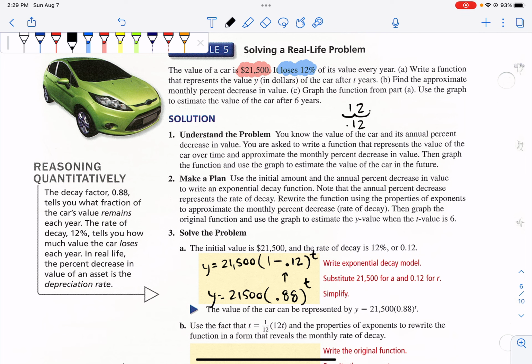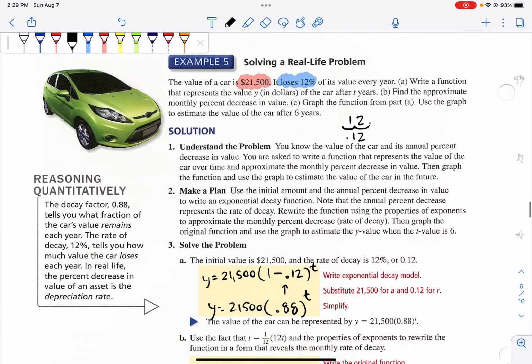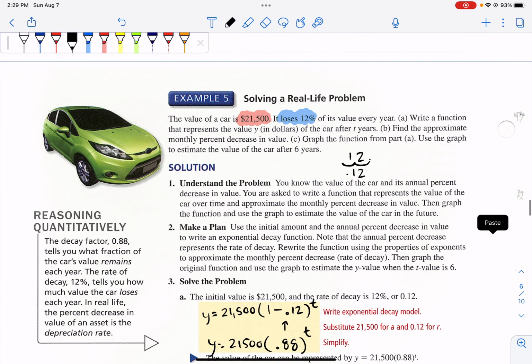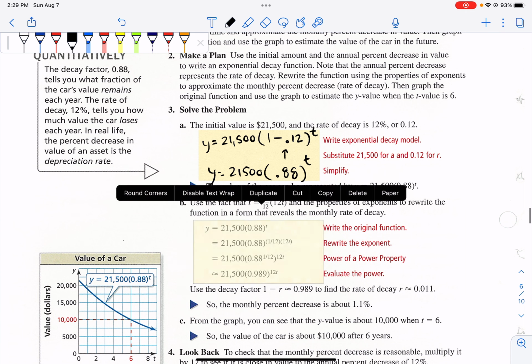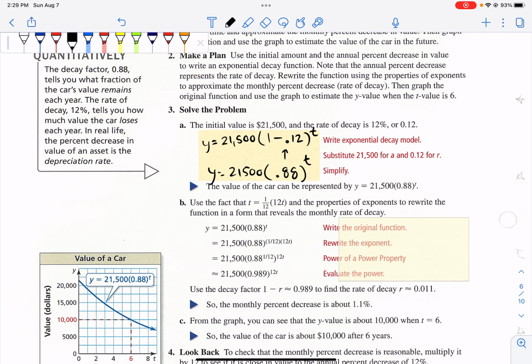So, part B is a weird question. We haven't done part B yet. It says, find the approximate monthly percent decrease in value. Monthly percent decrease. I'm going to show you where that came from.